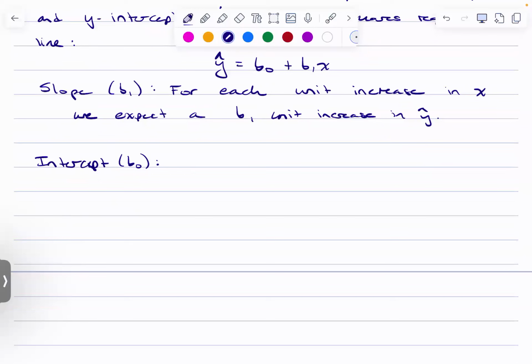And so b naught is the predicted value of y. I'll use y hat for shorthand, but when you see y hat on its own, you just read it as the predicted value of y. Okay. Is the predicted value of y when x is 0.